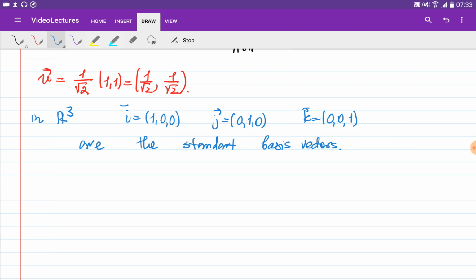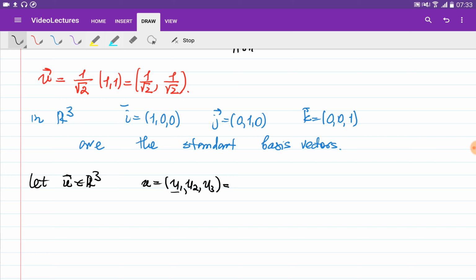They are called the standard basis vectors because we can express any vector in R3 using them. For example, let u be any vector in R3 with the components u1, u2, and u3. We can express this using i, j, k.